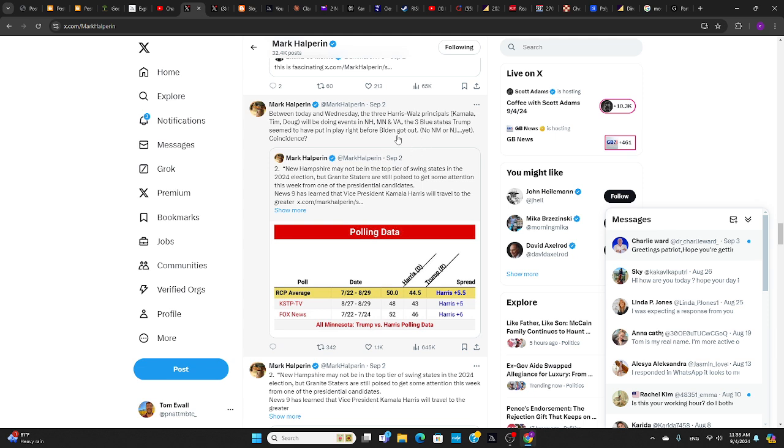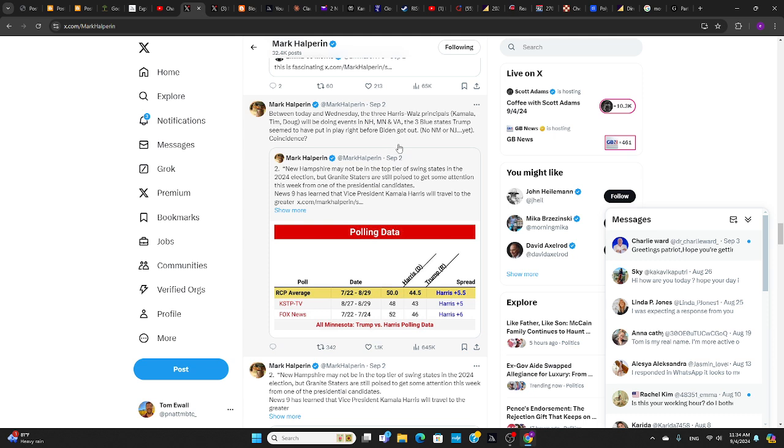So he's making the point, and you'll get people on the left that will respond, and they'll say, oh, there's races in Minnesota and Virginia, so other races like Senate or congressional. So that's why she's going there. But that's a way that you can get information.